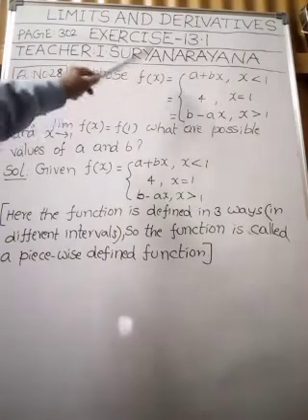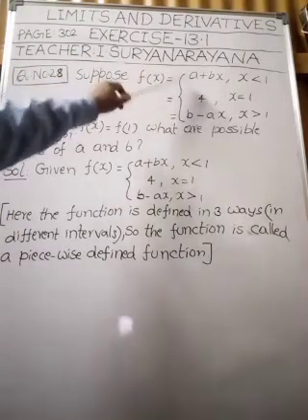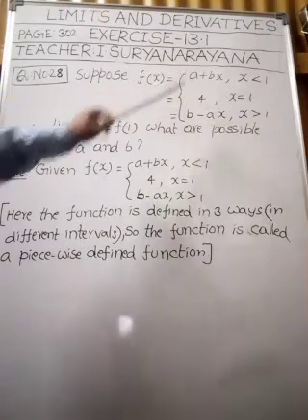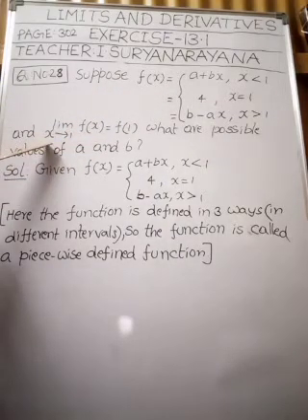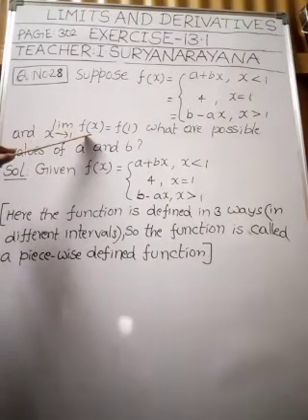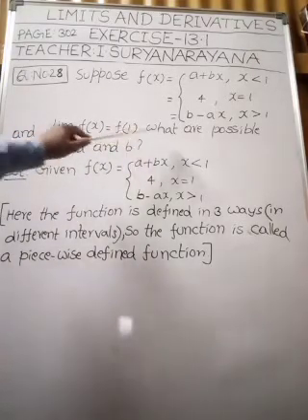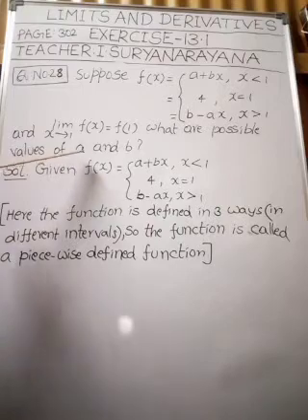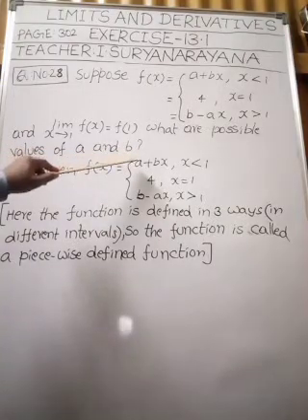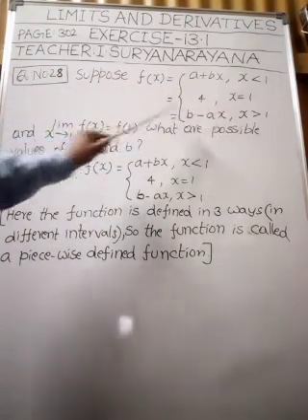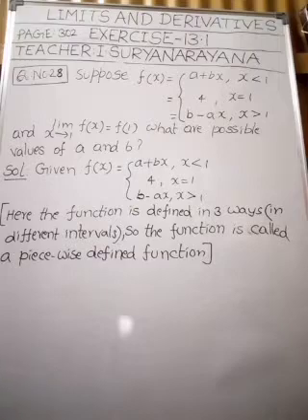Understood this function? f is defined in three ways in different intervals, and as x tends to 1, limit of f of x is equal to f of 1, and this is also given for us. What are the possible values of a and b? Then we have to find the possible values of a and b.